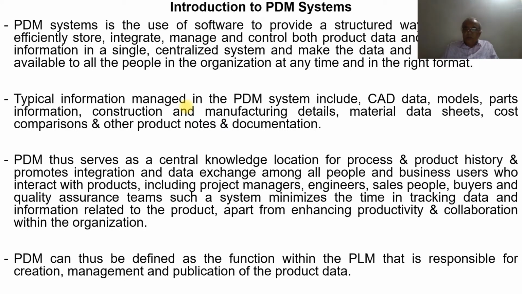What are the costs for each part, what are the requirements, how it is going to be manufactured, what will be the manufacturing cost, the total cost of that particular part, and other product notes and documentation.